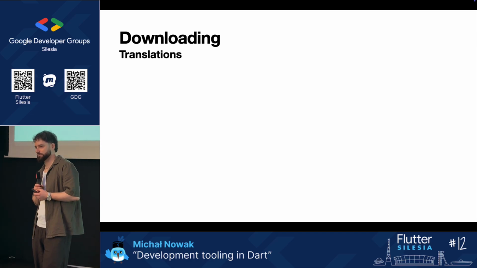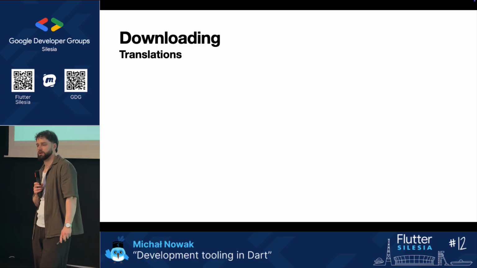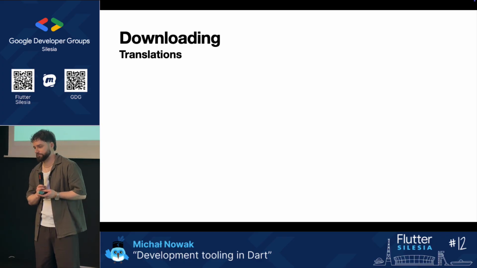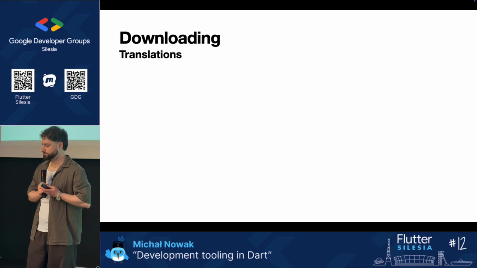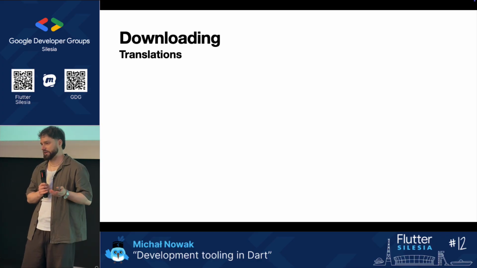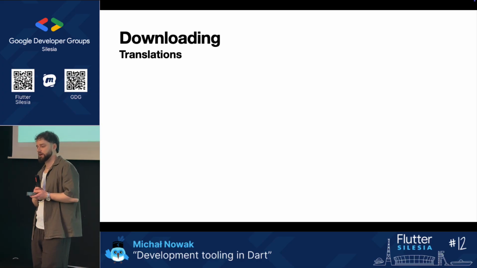Some things you would want to do when working on the app is just download the translations from some third party or maybe internal tooling, like from some sort of a server, to then generate the Dart code that will have the translations in it.